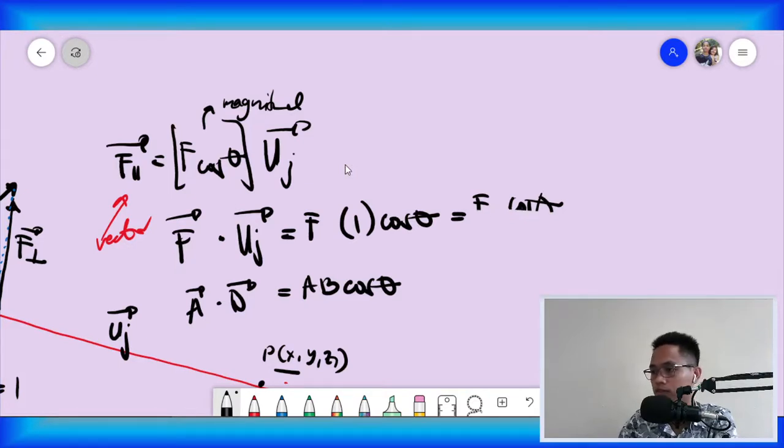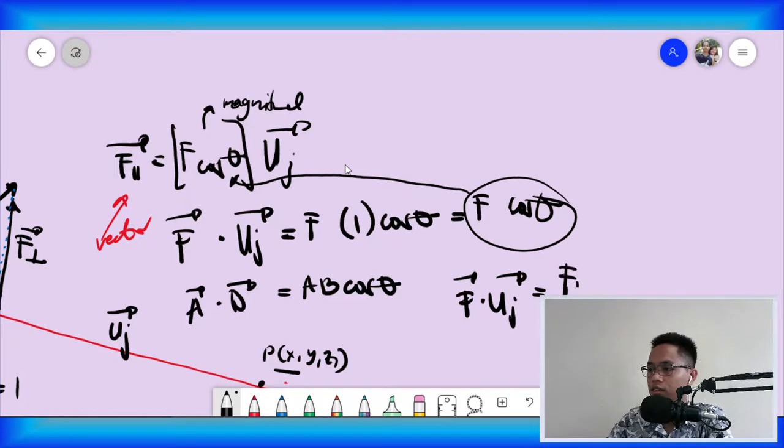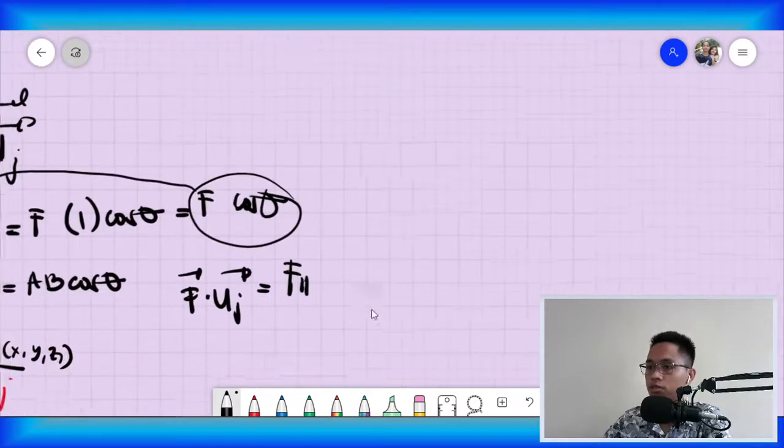And if you observe, this F cosine theta expression is equal to this value. So therefore, F dot U is simply equal to the magnitude of our parallel component. Anyway, you will understand this in our examples.